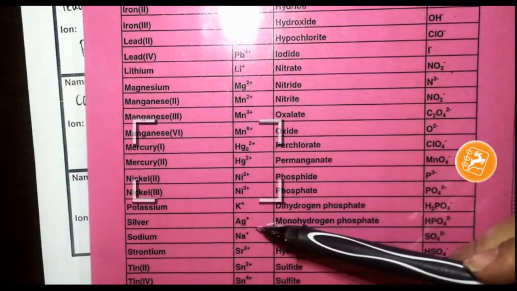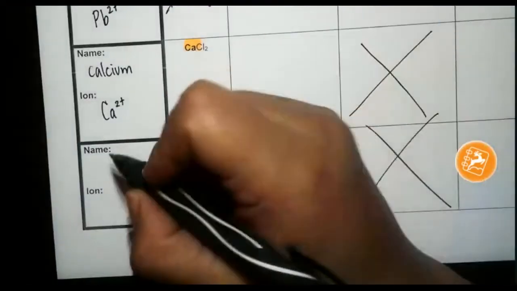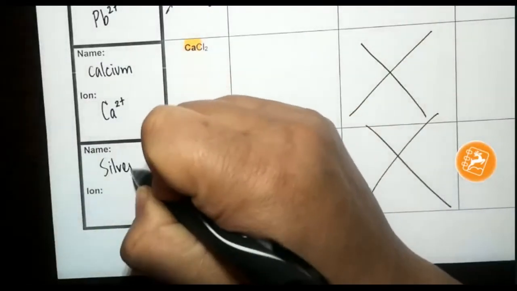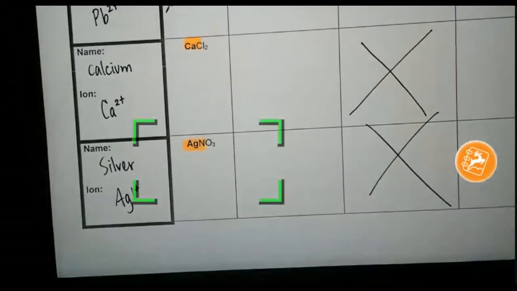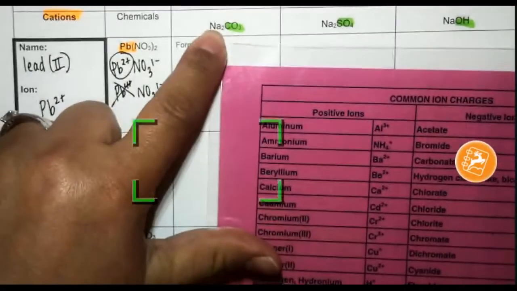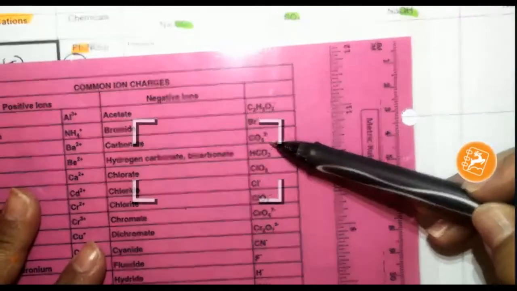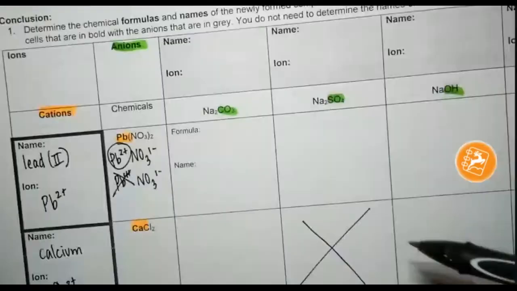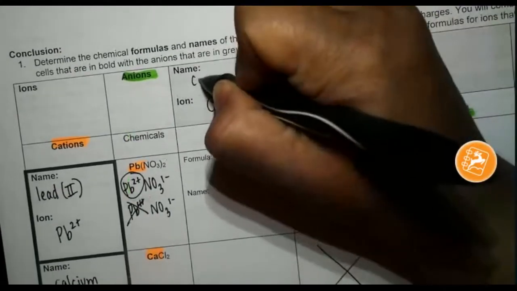Silver is Ag1+, has no Roman numeral, so it's silver, Ag1+. Now what I want to do is figure out the anion, so I'm going to look at the back of the periodic table. CO3 must be on this side because it's a negative ion. CO3 2 minus is carbonate.